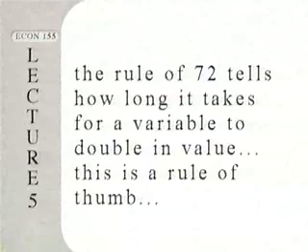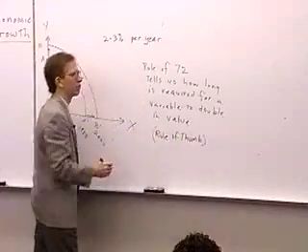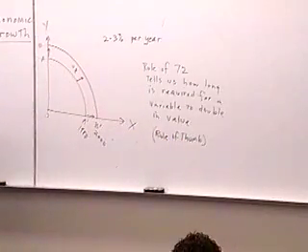I also want to put up here that this is a rule of thumb. And I don't know why they say rule of thumb, but it's not right out to 6 decimal places or anything like that. This is pretty close.